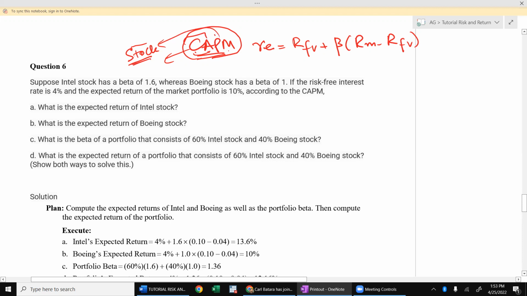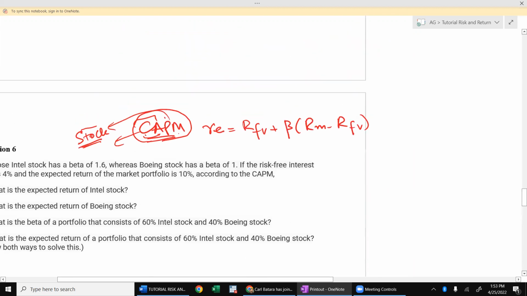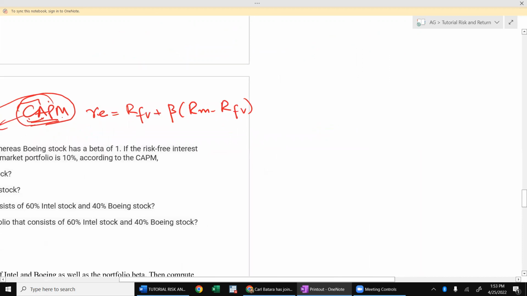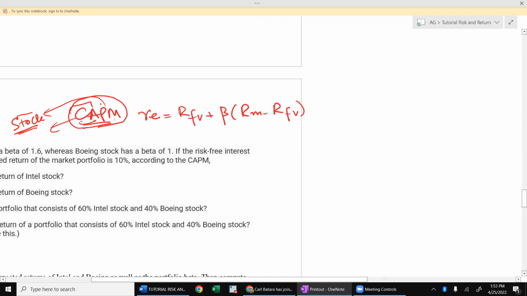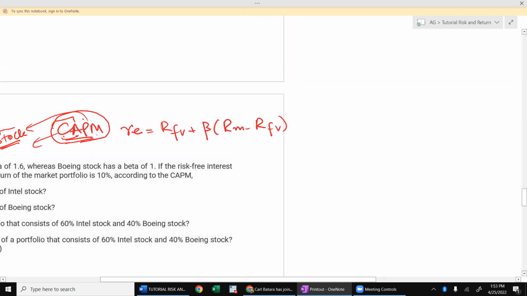But as you can see in this formula, can you see any price? It is the capital asset, meaning stock, pricing model, pricing the stock through this model. But where is the price in this formula?